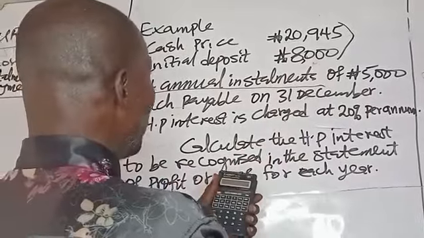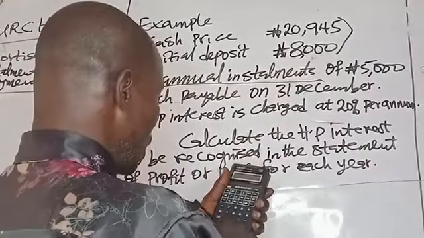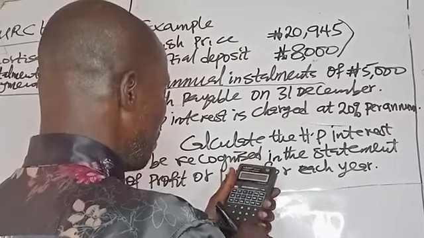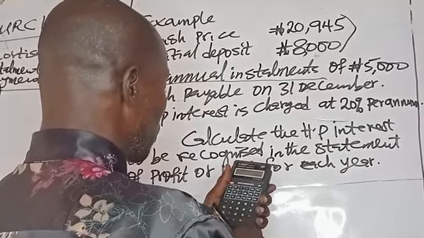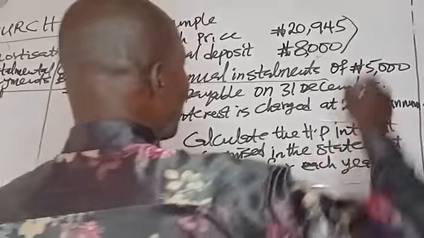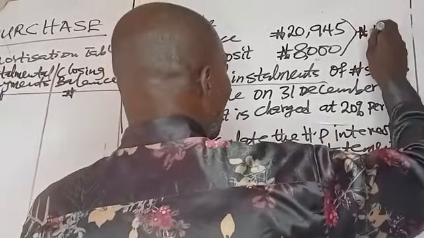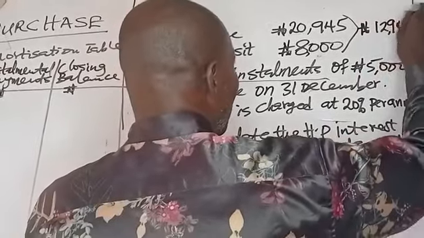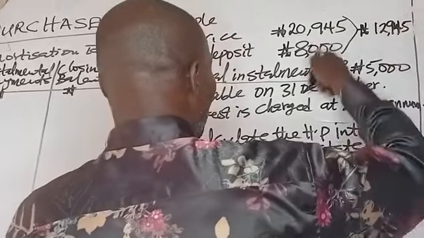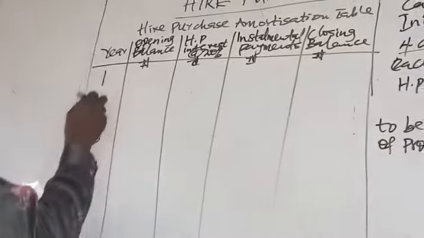Therefore, we have 20,945 minus 8,000, so we have 12,945.